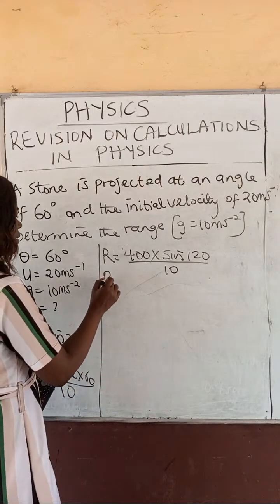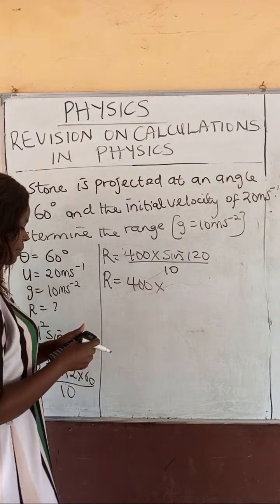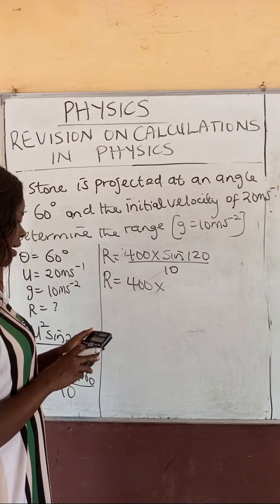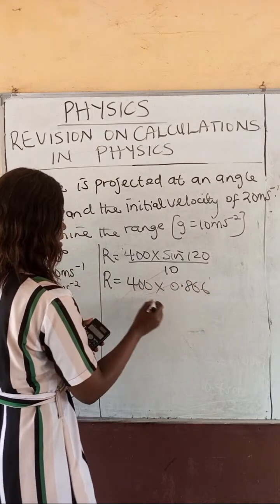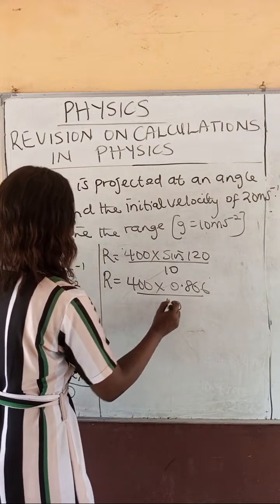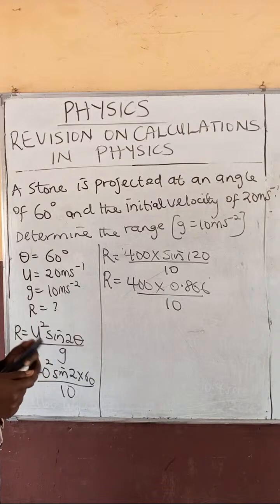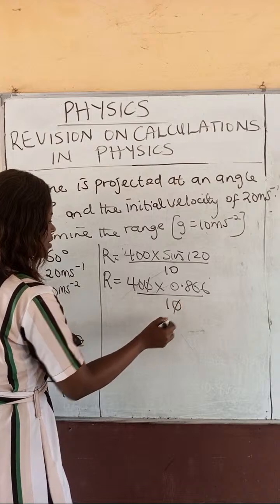Then let's bring it down. R is equal to 400 multiplied by, let's check sine 120. I have 0.866, right? Then divided by 10. Okay? So the next thing you are going to do is to multiply and divide, of which this 0 will cancel 0, right?